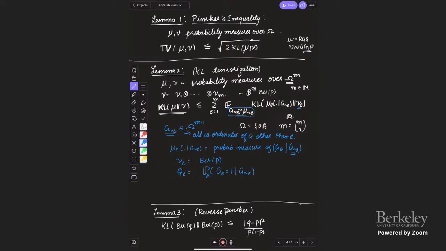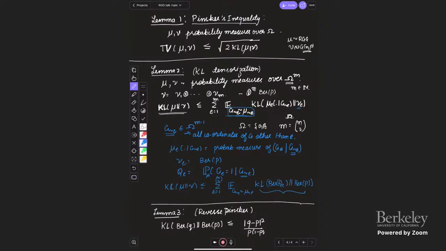This is again a random variable, which is a function of G tilde E. And therefore this can be written as KL of mu given nu is less than or equal to summation E equals 1 to NC2 of expectation of G tilde E goes as mu tilde E, KL between Bernoulli of QE to Bernoulli of P. Okay, this is the natural quantity which arises here.